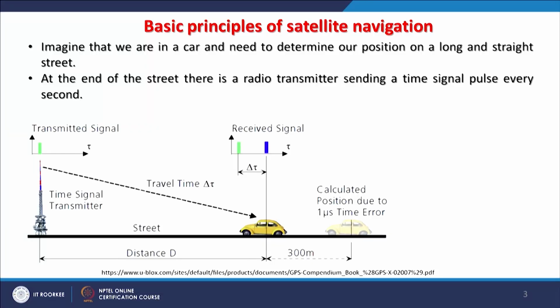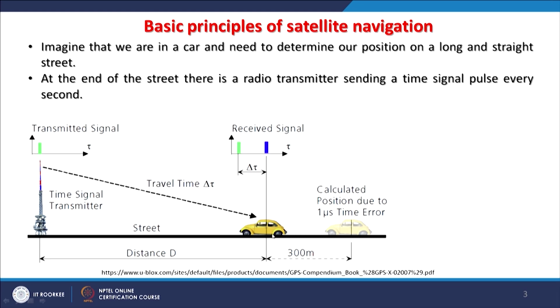The condition is long and straight; it has to be there for such systems to work. At one end of the street, there is a transmitter sending a time signal, that means the time at which the data is being transmitted, in the form of a pulse, every second.